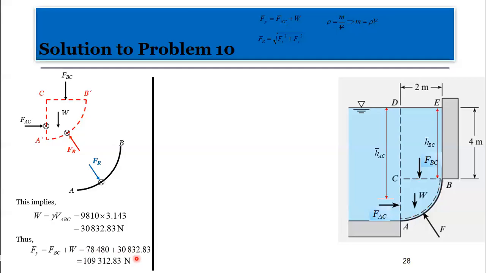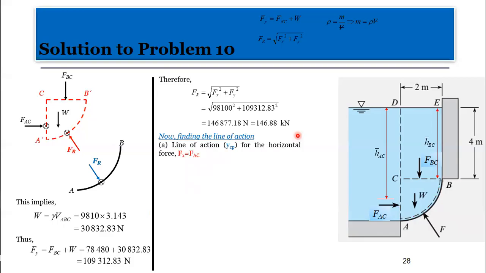And therefore, we end up having 109,312.83 newtons. Therefore, my Fr, which by definition is given by this, we end up having 146.88 kilonewtons. This is the resultant force exerted by the fluid on the gate.